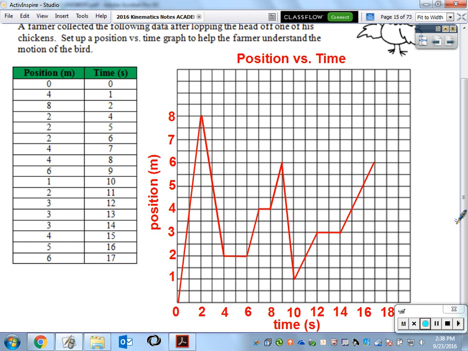You could have slightly different numbering than what's on the board, but for the most part, it needs to be spread out. I don't think for most people the x-axis is the issue, it's the y-axis. Did we make sure that we spread that out, with 8 meters relatively close to the top of the graph? If it is, awesome, because that's where it should be.